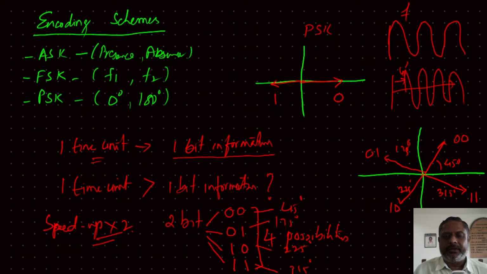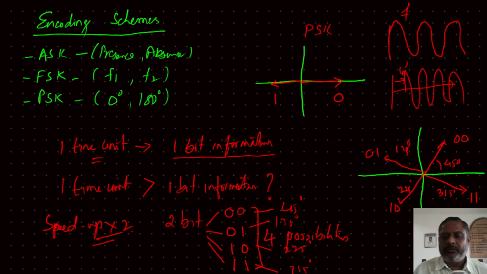So keep shifting as per this, so we can produce 4 different types of signals which are shifted by 90 degree. One is 45, other is 135, other is 225, other is 315. So they are 90 degree apart, so they are in quadrature. Because 90 degree means it is quadrature.